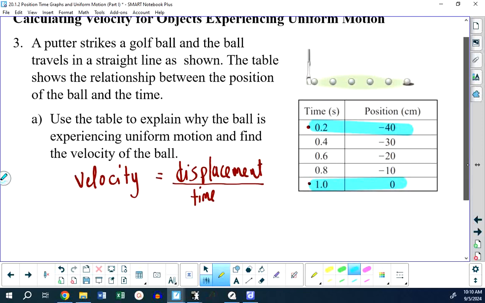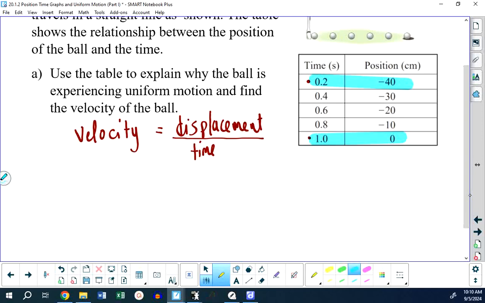So what is the displacement? Well, the displacement, and I'm avoiding symbols here because there's something that I just want to avoid. We have to deal with it sooner or later, but I don't want to deal with it now, okay? So I'm not using symbols. The displacement is the change in position.